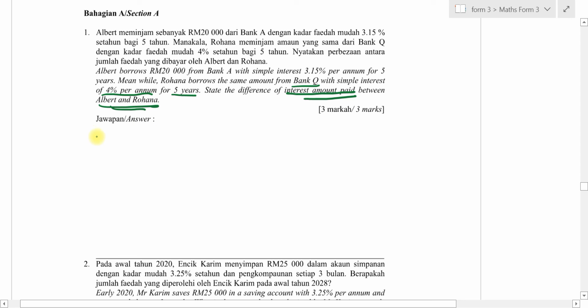First one is interest paid by Albert. The formula is PRT. The principal is 20,000.